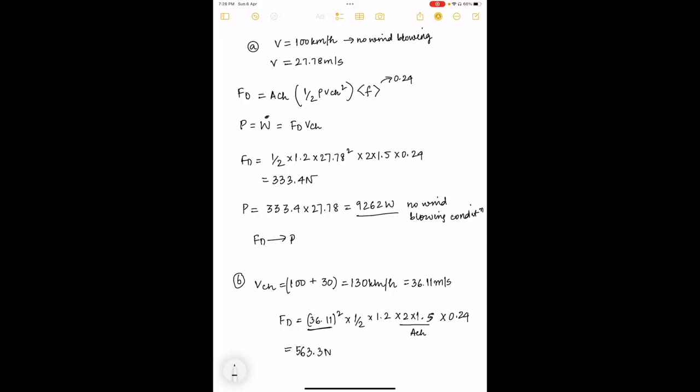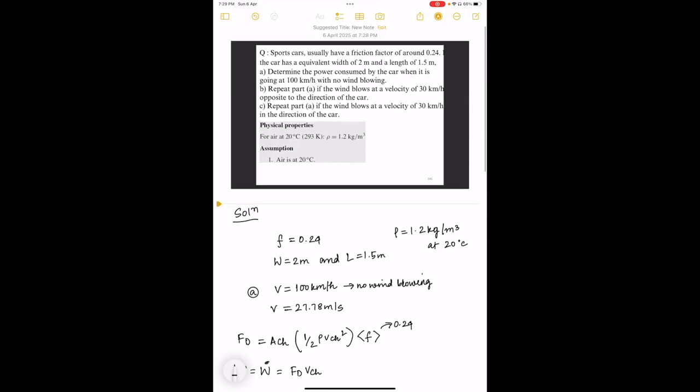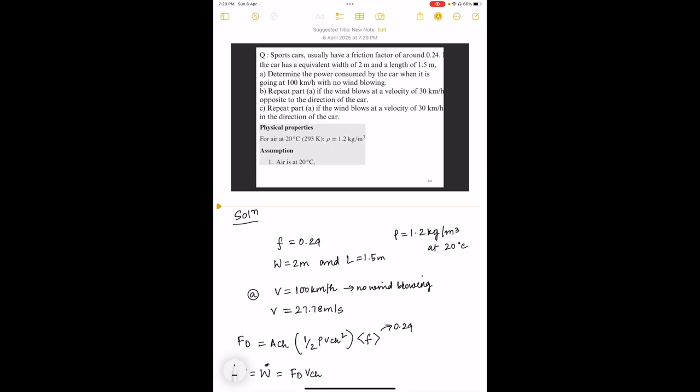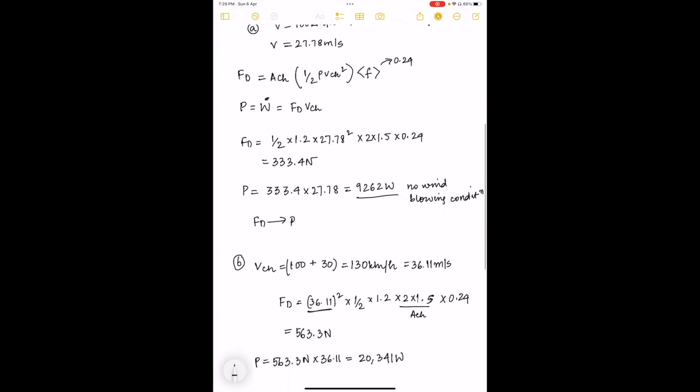That gives 563.3 Newton. So power consumption will be 563.3 Newton into 36.11, that is the VCH, which gives 20,341 watts. So we can see that if the wind is flowing in the direction opposite to the car, the power consumption for the engine is much higher.